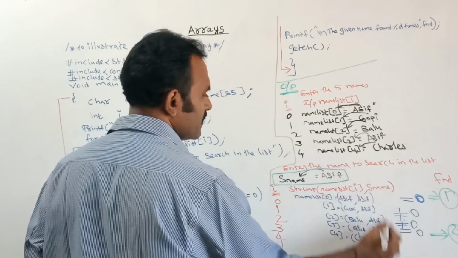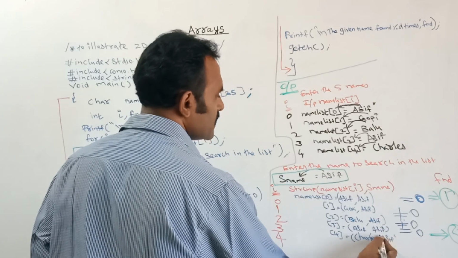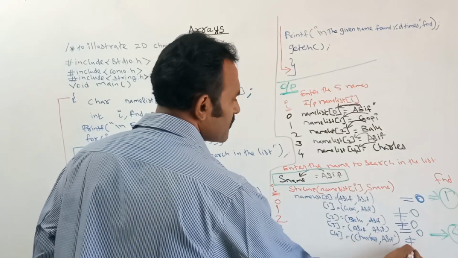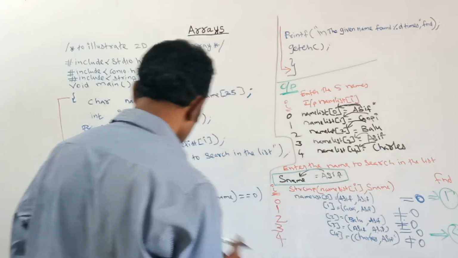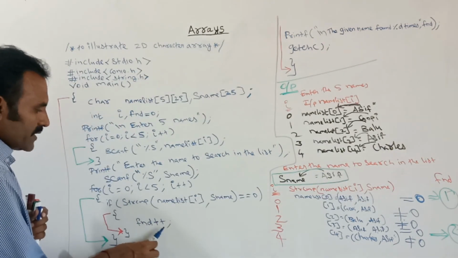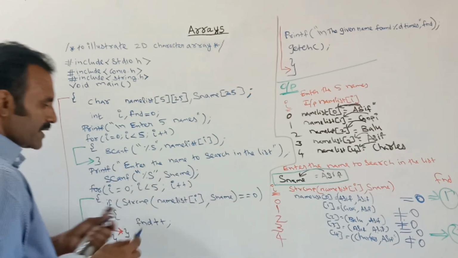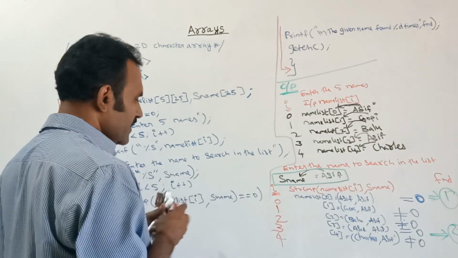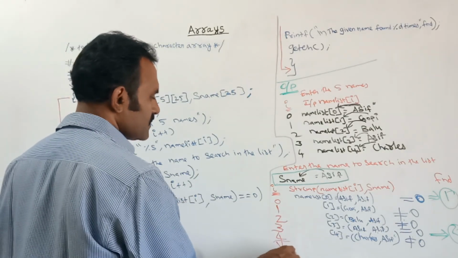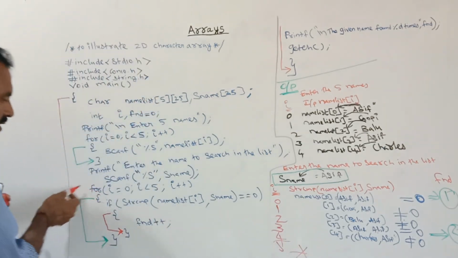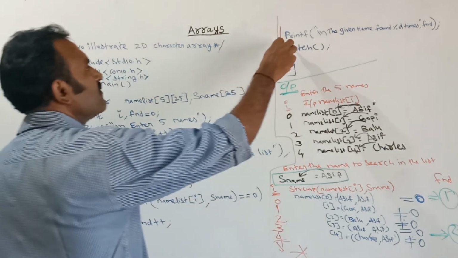The given name is Asif, so these strings are not equal to 0. So it will not go inside the if condition. The i value is incremented to 5. Once it is 5, the condition is false, so it comes outside of the for loop.